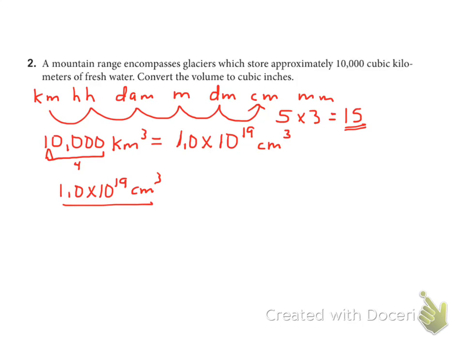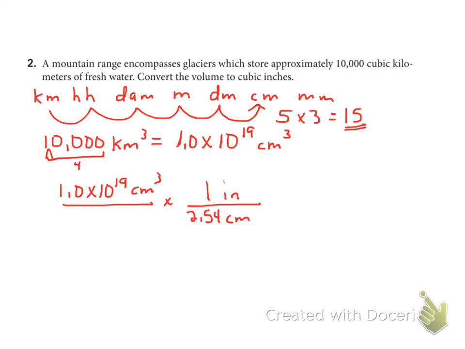We want to change to cubic inches. What's the conversion between centimeters and inches? 2.54 centimeters is 1 inch.